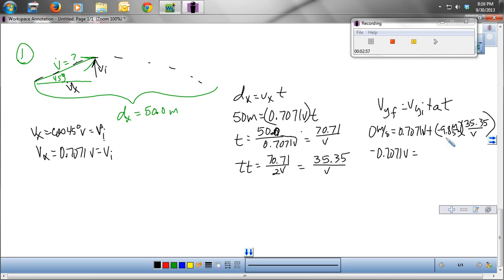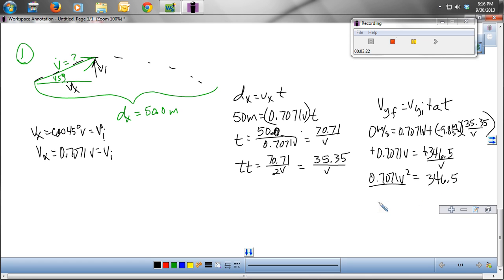I think when I did that, I got negative 346.5, and that was over V. So bring this V over to that side. So now I get rid of those negative signs. So 0.7071 V squared is equal to 346.5.